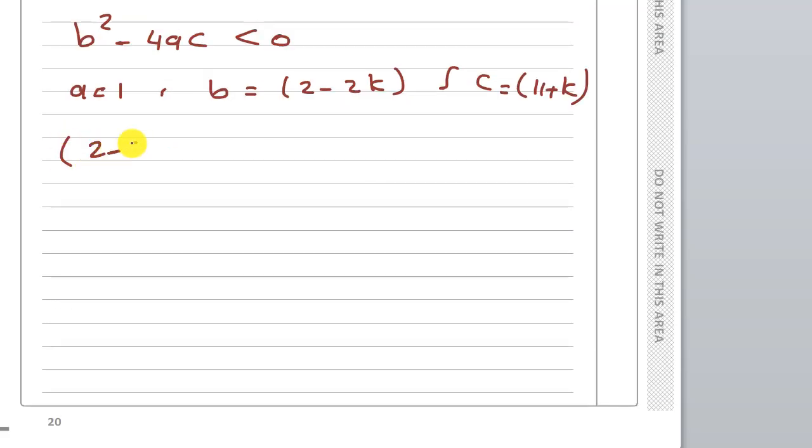So (2 minus 2k) squared minus 4 multiplied by 1 multiplied by (11 plus k) is less than 0.